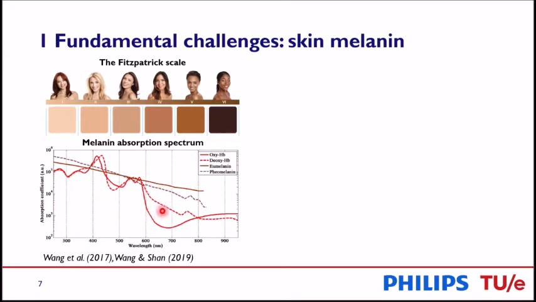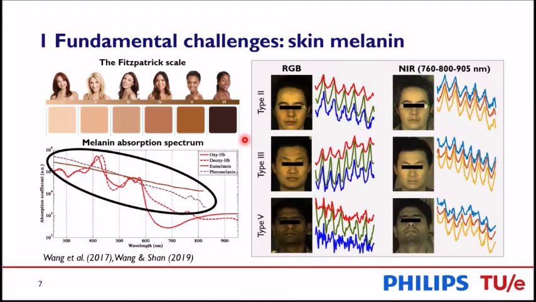And from this melanin absorption spectrum, what we can see is that it has higher absorption in the visible range than the near infrared range, which means that in visible light, for example, the RGB camera is more sensitive to the melanin content.